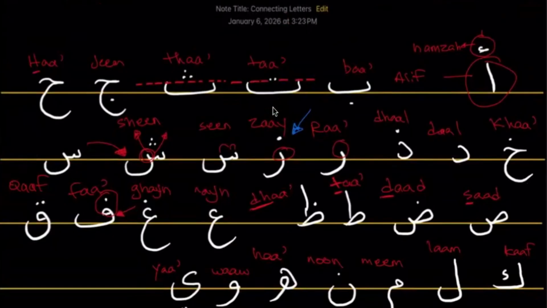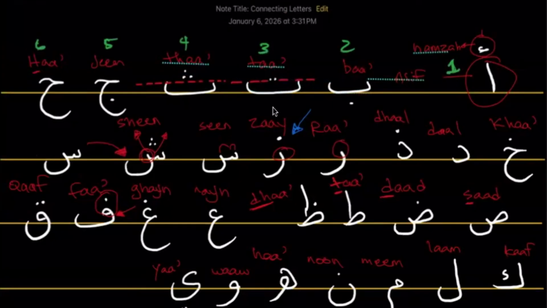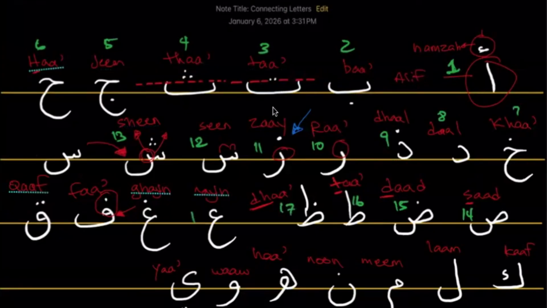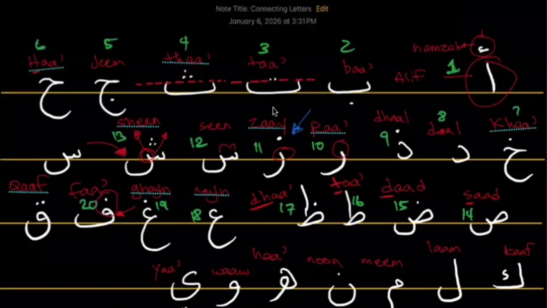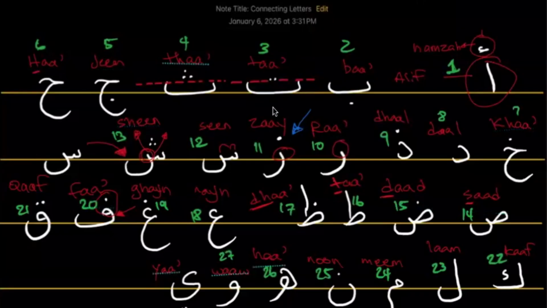Here are numbers. One, two, three, four, five, six, seven, eight, nine, 10, 11, 12, 13, 14, 15, 16, 17, 18, 19, 20, 21, 22, 23, 24, 25, 26, 27, 28.